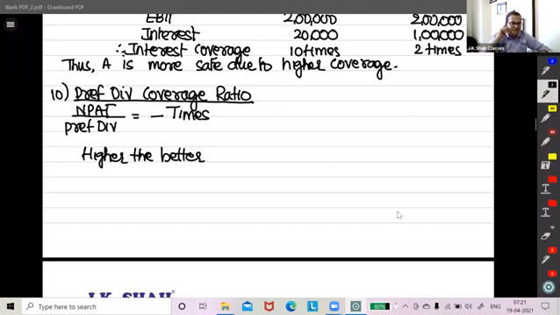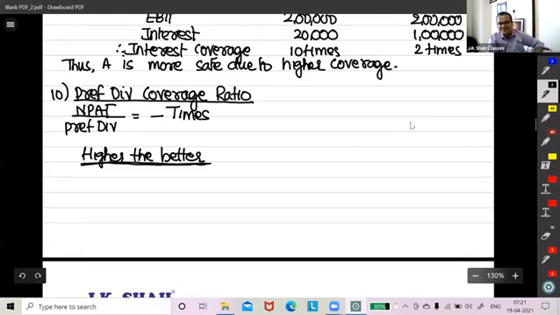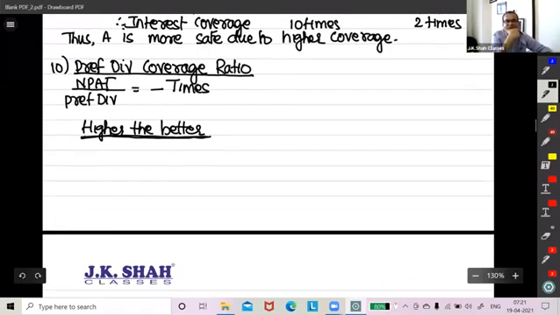Kumar Mangalam Birla, find the earnings of these people. I've already underlined the important message. Higher the better. Rakesh Jhunjhunwala. True. Okay, people, let's go ahead.